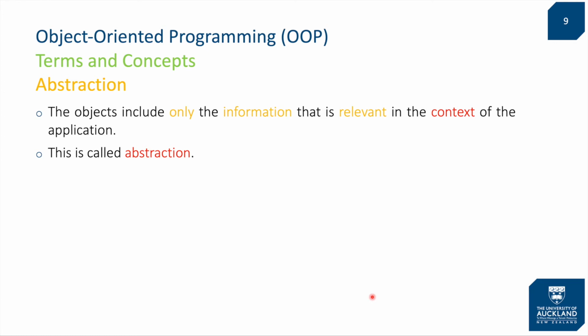What is abstraction? Suppose you're designing or implementing a retail application, and in that retail application, you're supposed to sell computer products. When you want to design the class for computer products, there are different types of information that you need to consider.